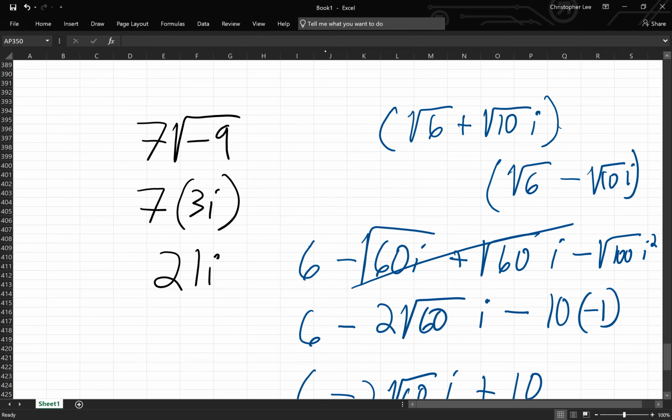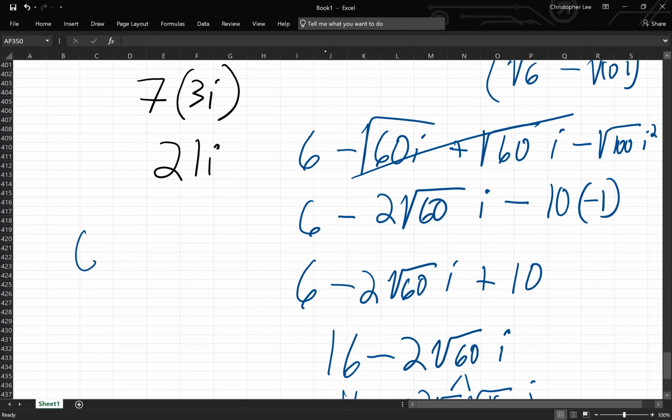These cancel out. So this is 6 minus 10 times negative 1. 6 plus 10. 16. So A is 16, B is 0.